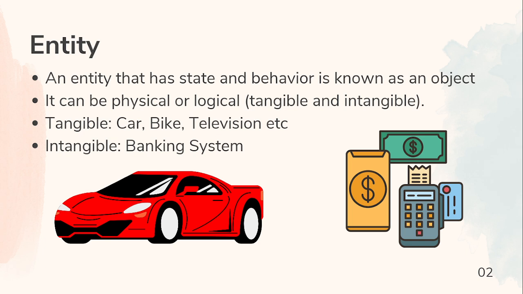To understand object-oriented programming, we first need to understand what an object is, right? In the real world, everything is an object. In other words, when we define an entity, it can be a physical entity or a logical entity, or another way to say it, tangible and intangible.